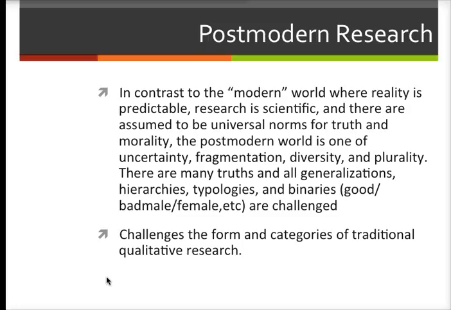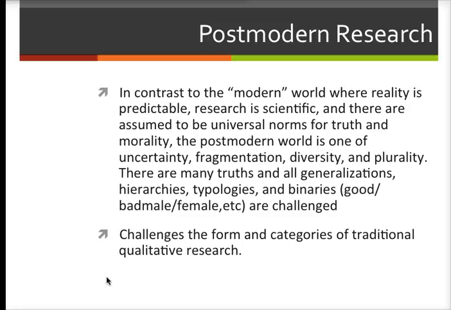So again, in contrast to the modern world, where reality is predictable, research is scientific, and there are assumed to be universal norms for truth and morality, the postmodern world is one of uncertainty, fragmentation, diversity, and plurality. There are many truths, and generalizations, hierarchies, typologies, and binaries are challenged. So this is challenging those assumed universal norms for truth and morality.